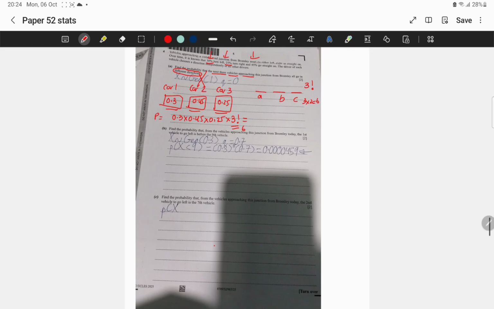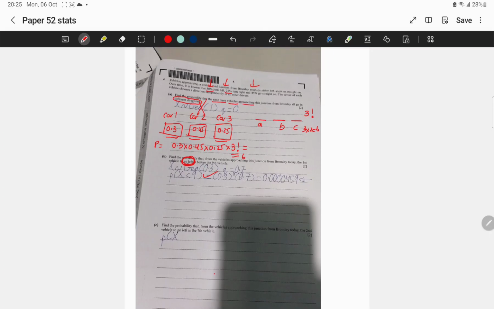For the next question, find the probability that from the vehicles approaching this junction, the first one will go left. So it has specifically given you a new probability, which would be 0.3. This is correct, geometric 0.3, and then q is 0.7, but your calculation is incorrect, because remember I told you last time probability x less than 9 is 1 minus q power 8.